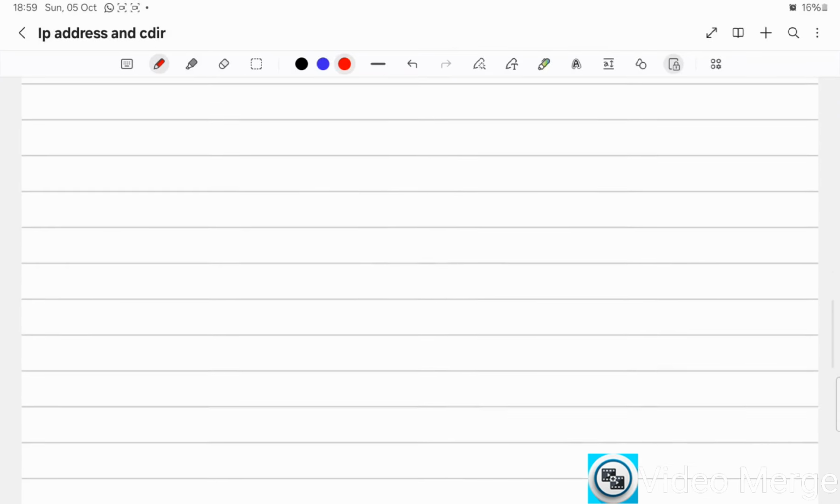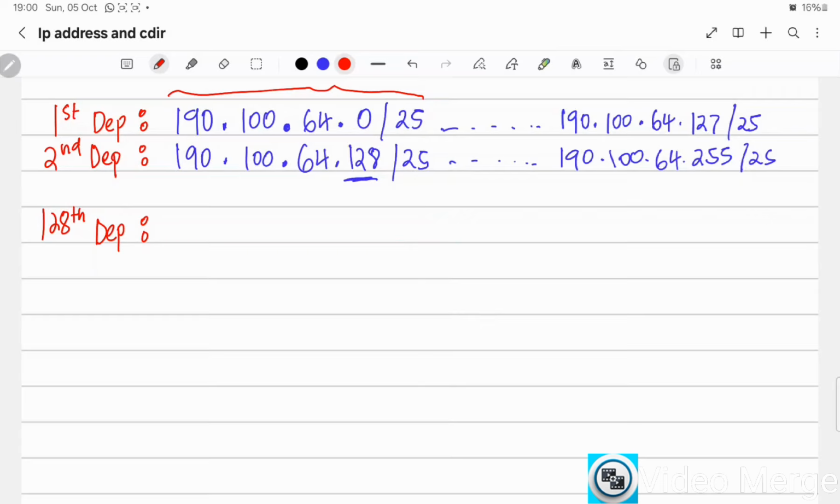Let me show you the formula here. This formula actually requires you to take, from the current question that we're solving, the starting address from the first department. It's 190.100.64.0.